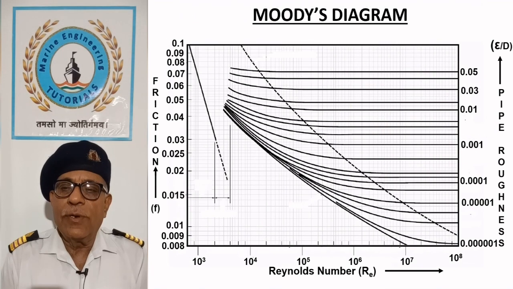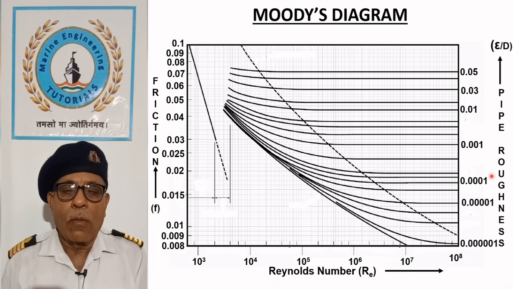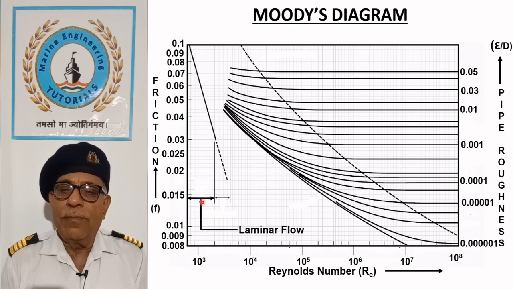Moody's diagram is an experimental representation between frictional factor F on the ordinate and Reynolds number Re on the abscissa. For laminar flow, the relationship is represented by the straight line satisfying the formula F is equal to 64 divided by Re.